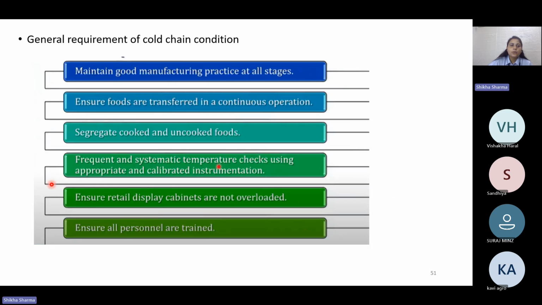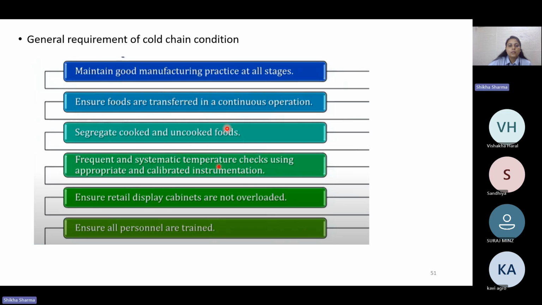There are general requirements which say that in the cold chain, maintain good manufacturing practices, GMP, at all the stages, and ensure foods are transferred in a continuous operation. So this is correct. Segregate cooked and uncooked foods.